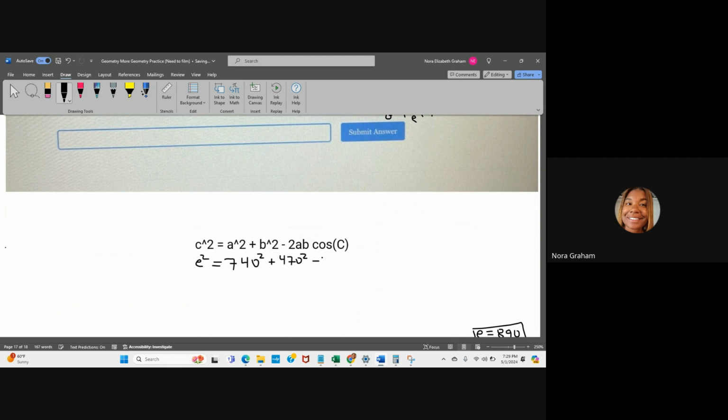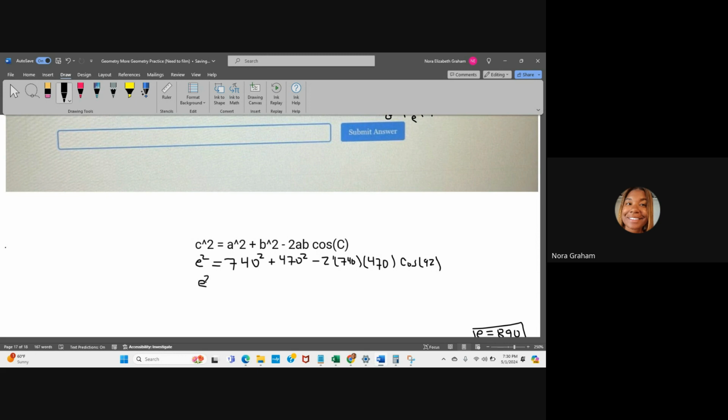And then minus 2 times those numbers, 470, 740, and then again times 470. And then cosine, and they gave us our degree, right? So this is going to be cosine of 92 because they gave us that. And that's the angle that's across from the side that we're trying to find. Okay. So we keep on plugging and chugging and going, right?